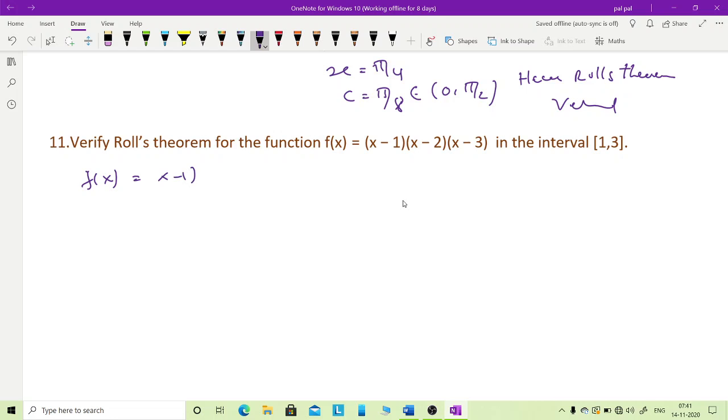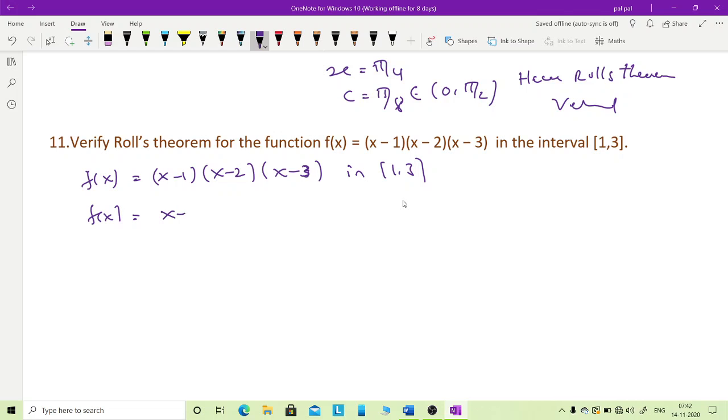So f of x can be written as x minus 1 into x minus 2 into x minus 3, defined in the interval 1, 3. First, simplify f of x, then it will be easy.